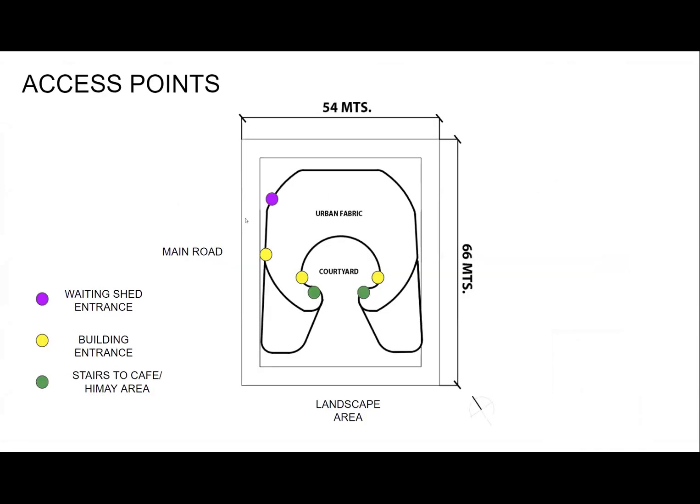So this is what we thought of for the access points. The waiting shed is around here, facing the main road, and the building entrance is here, so that people, since the landscape area can be filled with people, can see this is the main entrance of the urban fabric.